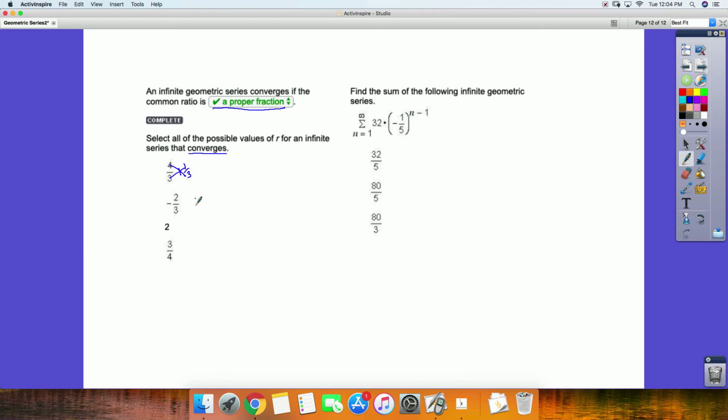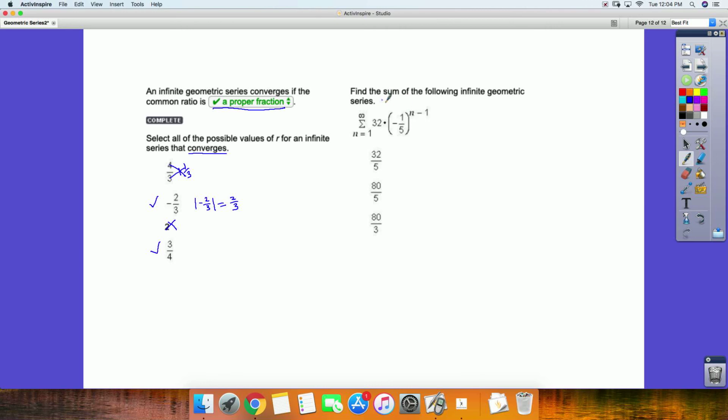Negative 2/3 works because remember we have to take the absolute value, and that is less than 1. 2 is greater than 1, so that diverges. And 3/4 is a proper fraction, so that also works.